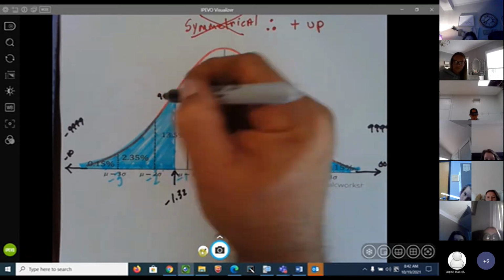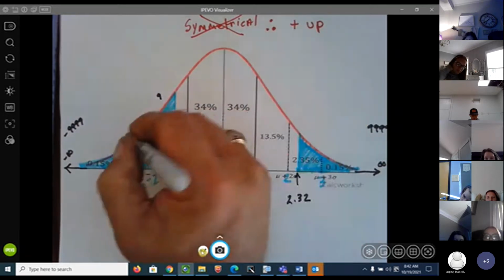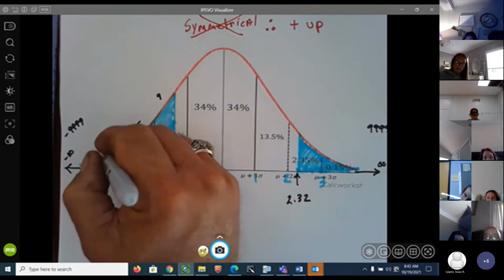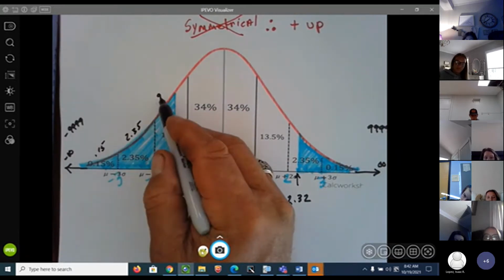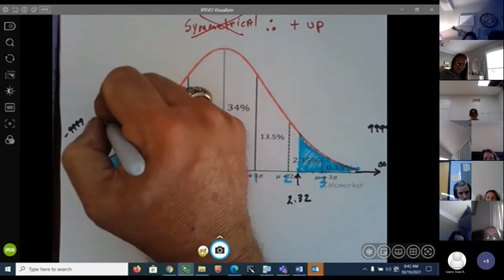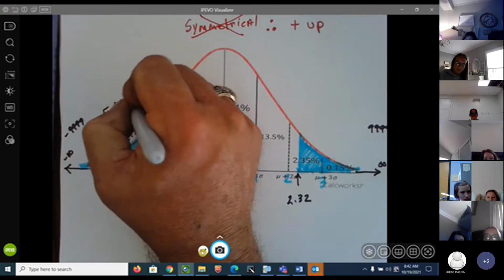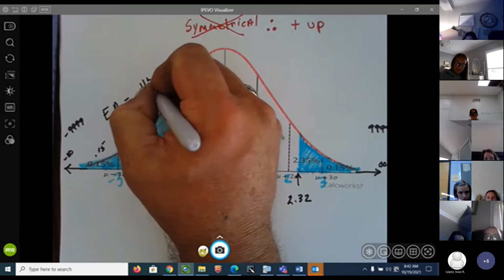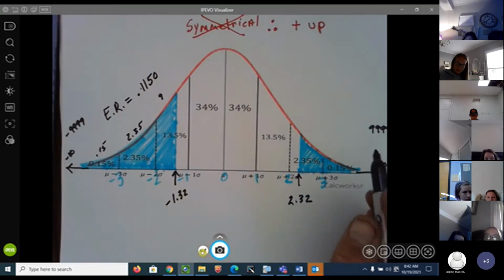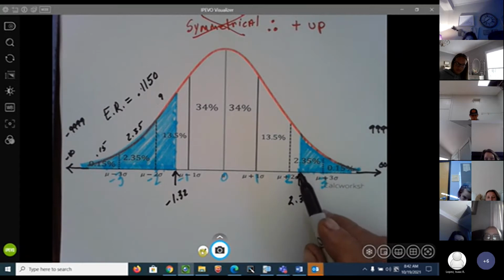We'll say that's 9. And that's 2.35, and that's 0.15. So 2.5 plus 9 is 11.5. So by the empirical rule on this side, I get 0.1150.